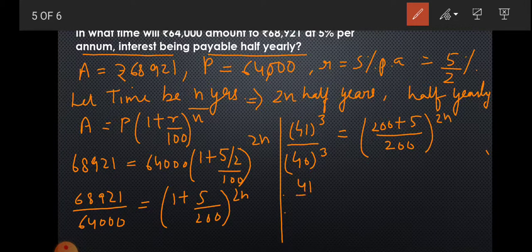Now 41 by 40 whole cube is equal to 205 by 200 raised to the power 2n.